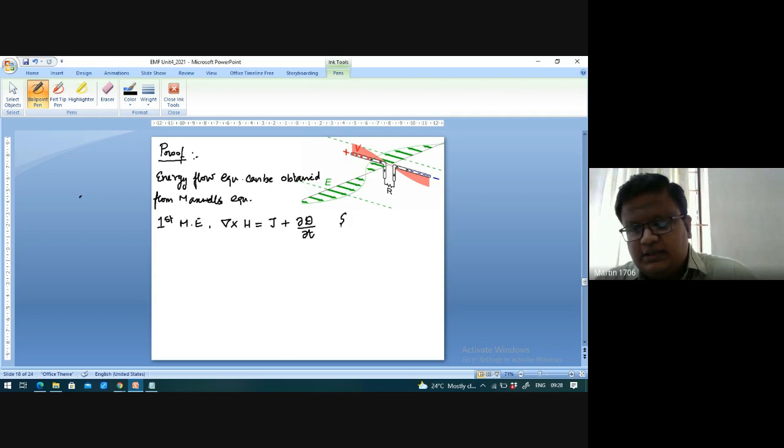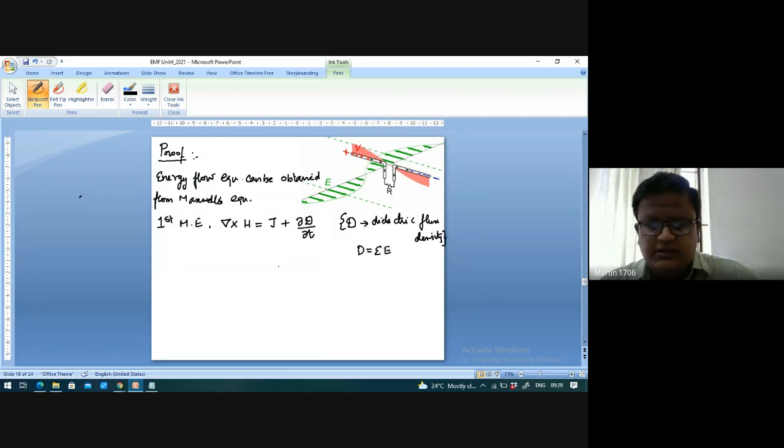We know that D is nothing but the dielectric flux density, and the value of D is equal to epsilon into E. Once you substitute, epsilon is a constant, so take it out: del cross H is equal to J plus epsilon dou E by dou T.